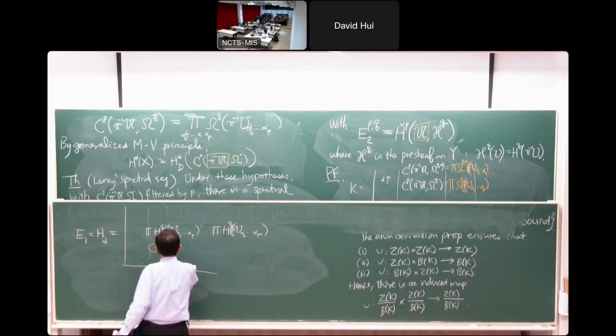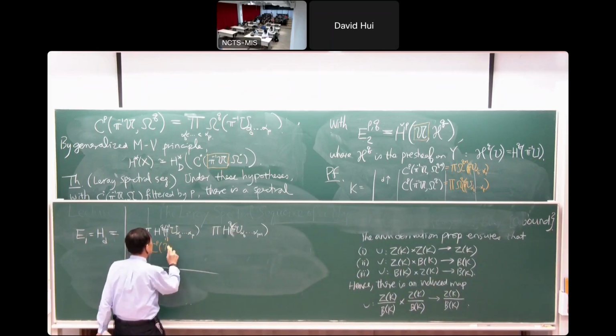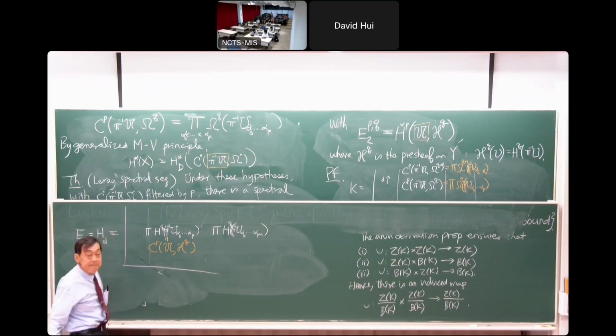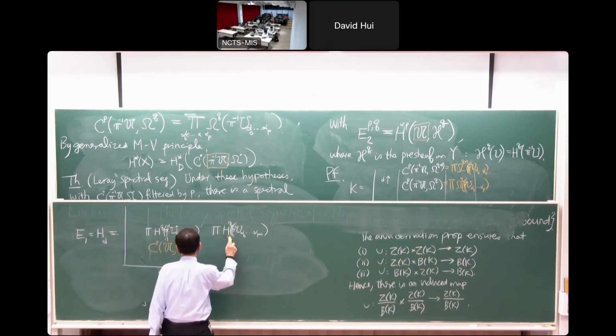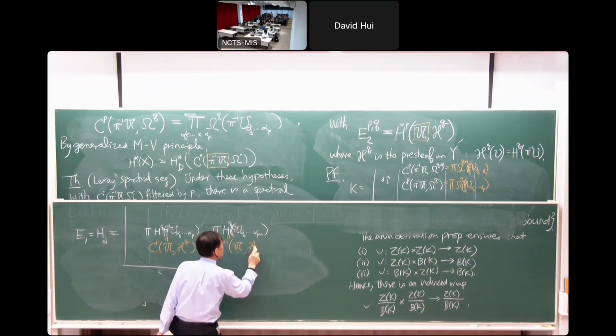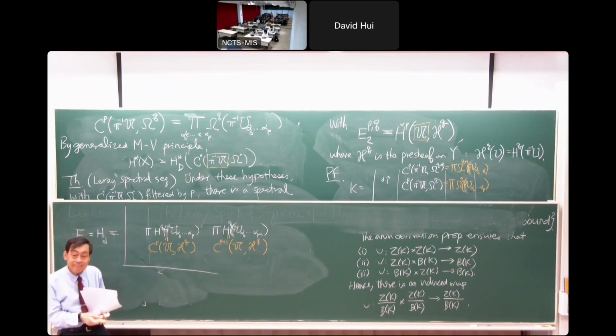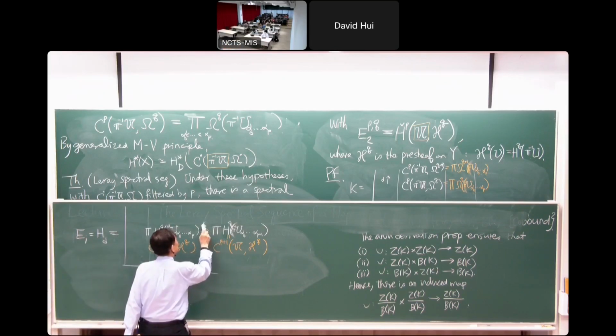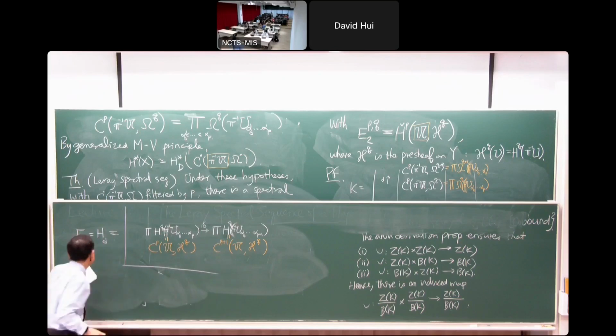So this is C^p of this open cover with coefficients in H^Q, and this is C^{p+1} of the open cover downstairs with coefficients in H^Q. And the horizontal map is delta. So that's the picture of E1.